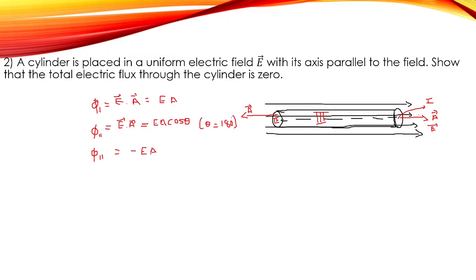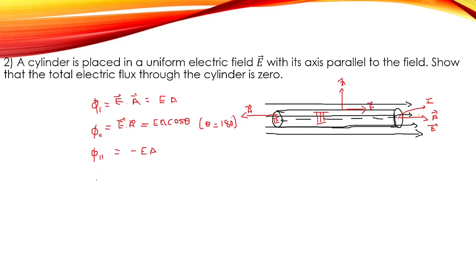Now let's consider our third surface. What will be the direction of the area vector of this surface? It should be perpendicular to the surface, so it will be like this, and this will be our area vector, and the direction of the electric field is in this direction.